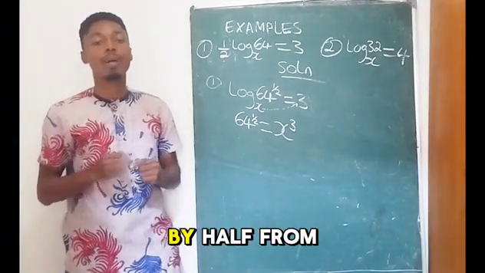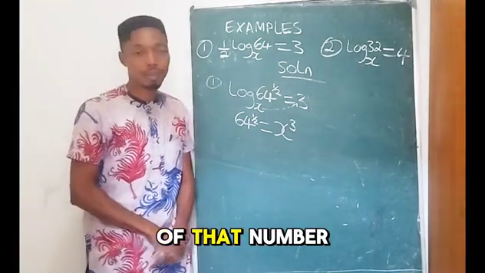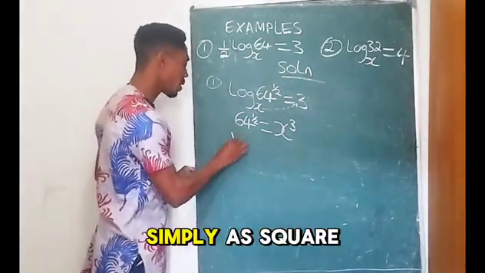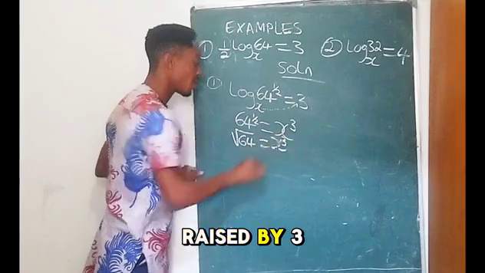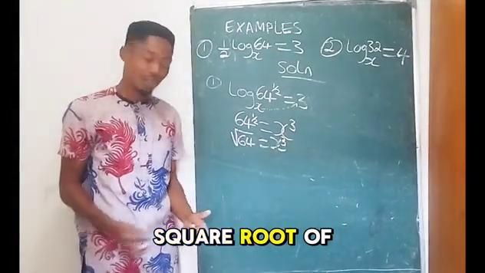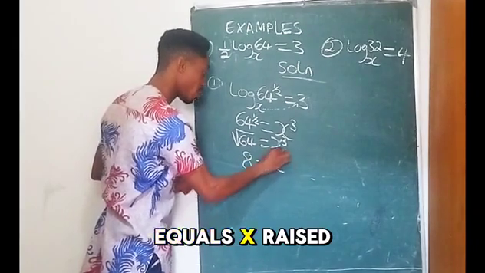Any number raised to power half, from your indices, is the square root of that number. So 64 raised to power half is the same thing as square root of 64 equals x raised to power 3. Square root of 64 gives you 8, equals x raised to power 3.